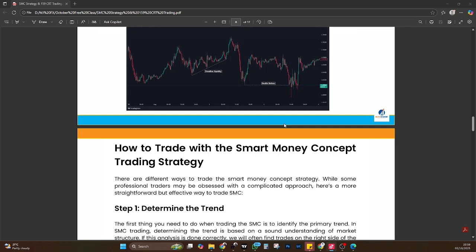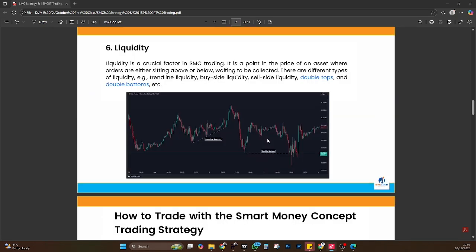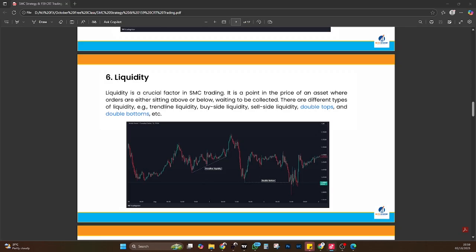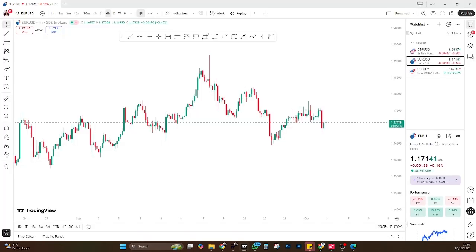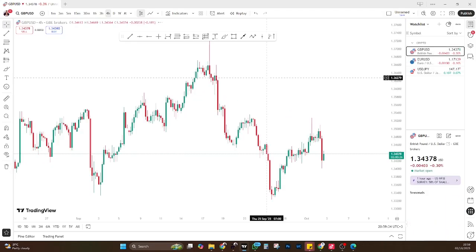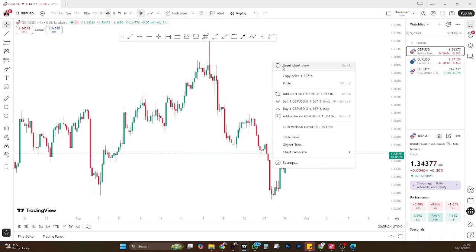So let me show you part of what liquidity is in the live market now. Okay, this is Euro USD. Let us try GBP USD and see what we have here.